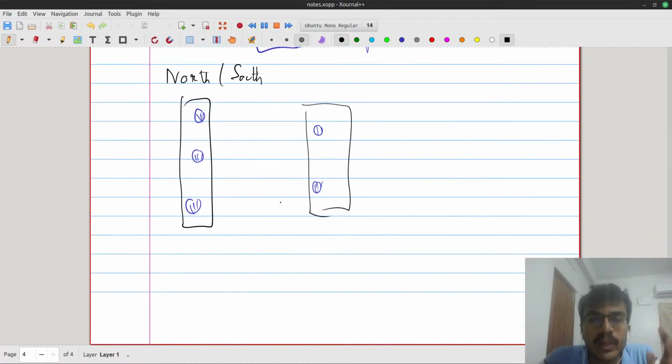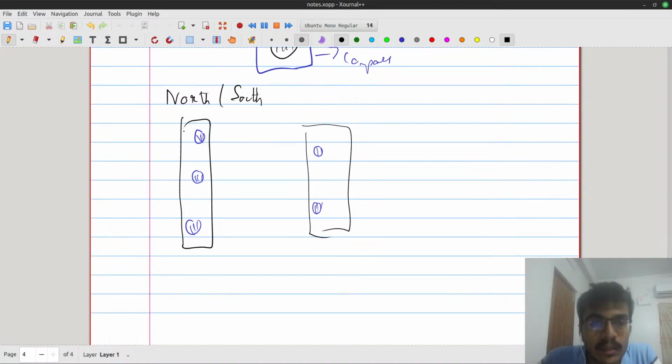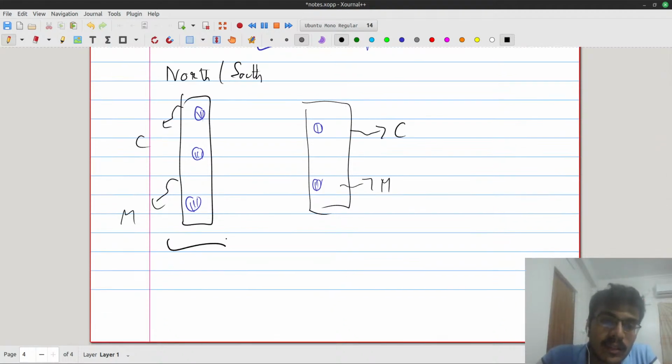As long as the x coordinate is the same for these points, we can choose the compass and the morning star to be any two of them. Here C has 3 possibilities and M has 2 possibilities. Here C has 2 possibilities and M has 1 possibility. So for this particular case, the answer is 8.